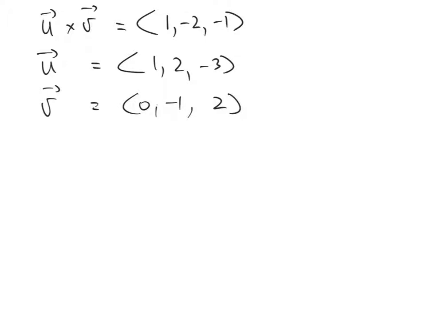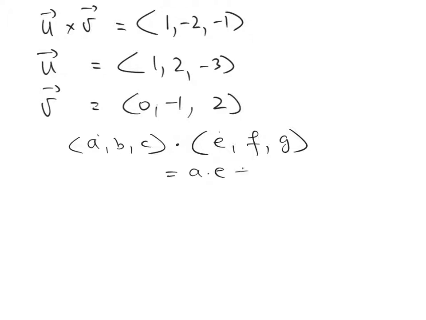Two vectors (a, b, c) dot (e, f, g) is given by a multiplied by e plus b multiplied by f plus c multiplied by g. It is different from the cross product, of course.